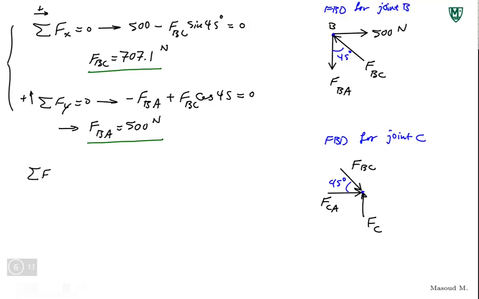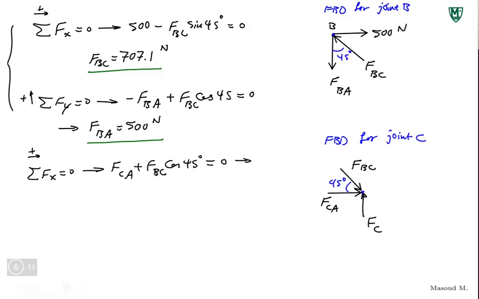Summation of forces in X is equal to 0. I'm going to take this as positive. That would be FCA plus FBC cosine 45 degrees, and that's pretty much it along x, equal to 0.